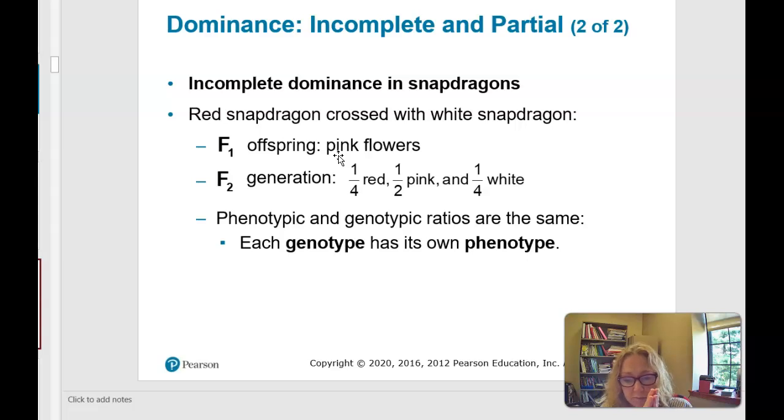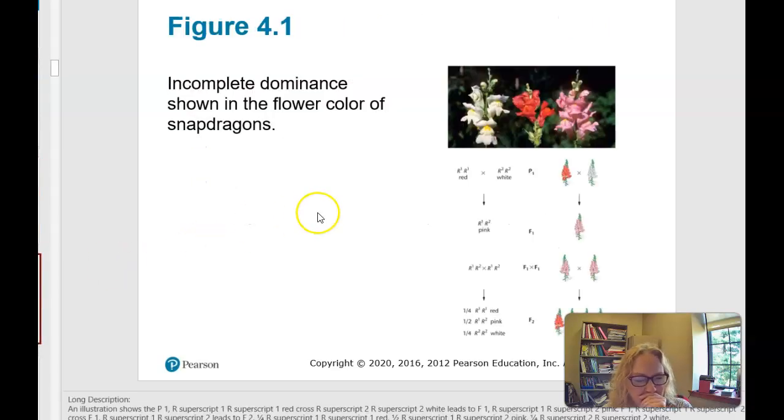I know they're brothers and sisters, but it's plants, so it's totally fine. And you're going to get a 1 to 2 to 1 ratio, right? A fourth red, a half pink, a fourth white. In this case, each genotype has its own phenotype. Does that make sense? Because the heterozygous have a different phenotype. Incomplete dominance. There it is.